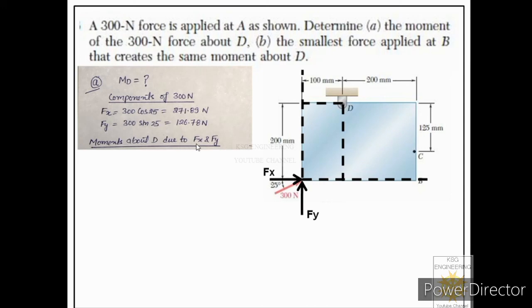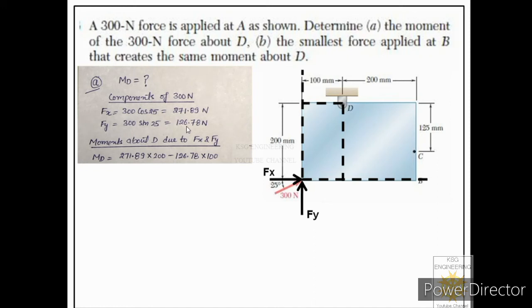So the moments about D due to Fx and Fy are, you see, the magnitude of Fx multiplied by its moment arm. We have taken this as positive because it is generating an anti-clockwise moment, plus the moment because of the other component. We have already found that the moment because of the other component is a clockwise moment, so that is a negative moment. See, over here we have entered a negative sign.